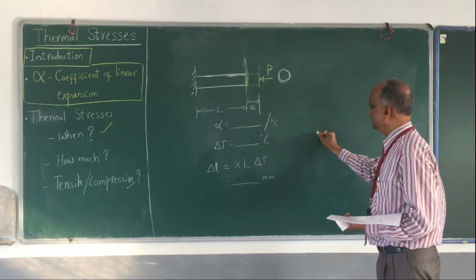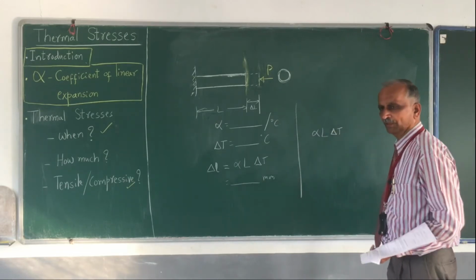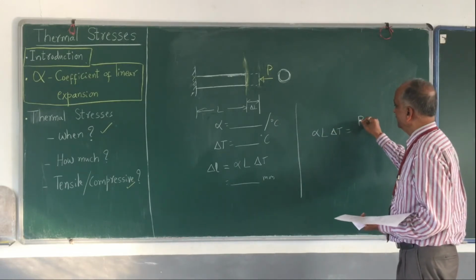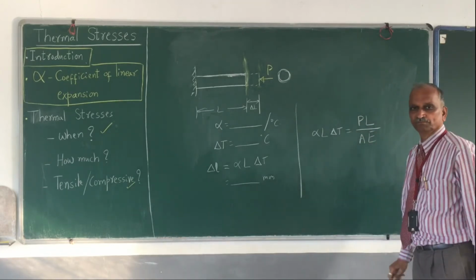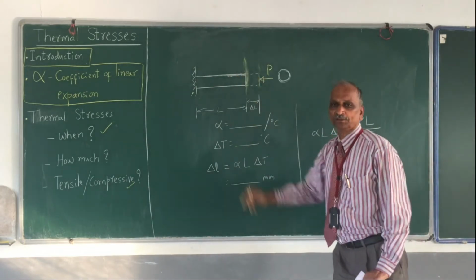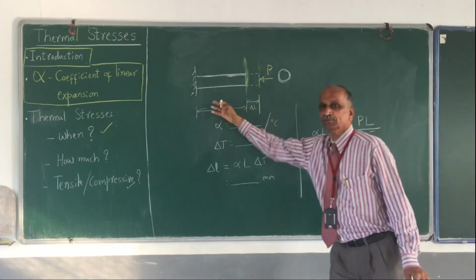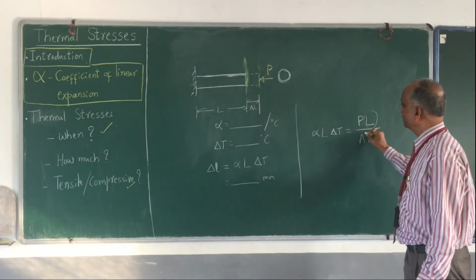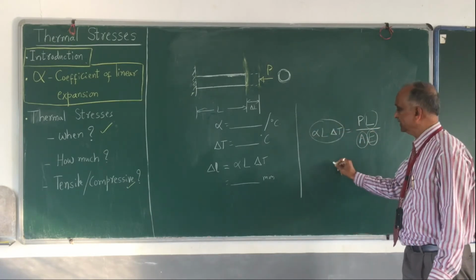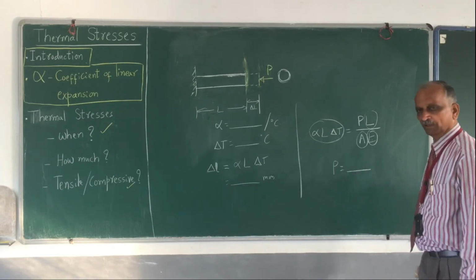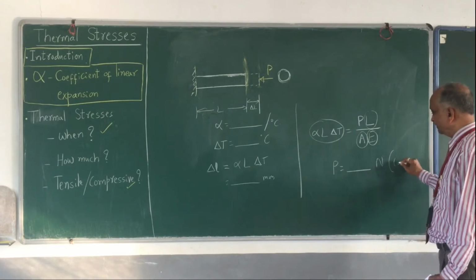Delta L is alpha L into delta T. This is also equal to P L divided by A into E. A is the area of cross section, E is Young's modulus of elasticity, and L is the length of the member. So you know L, A, E, and all this delta T. You can easily calculate P. So P is so many Newton. What type of force is this? This is compressive in nature.